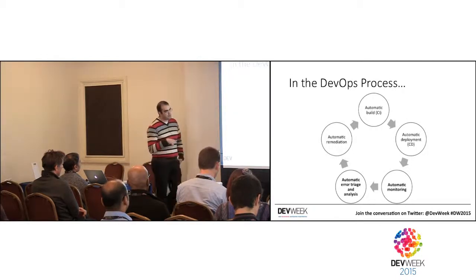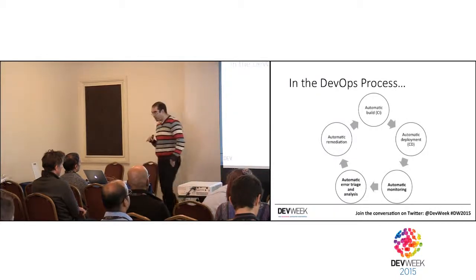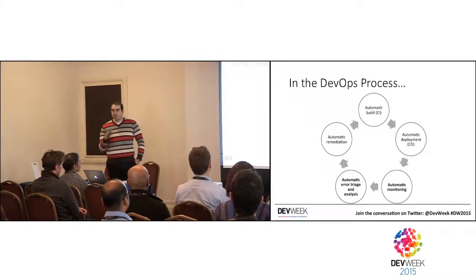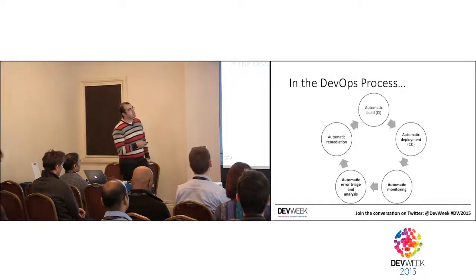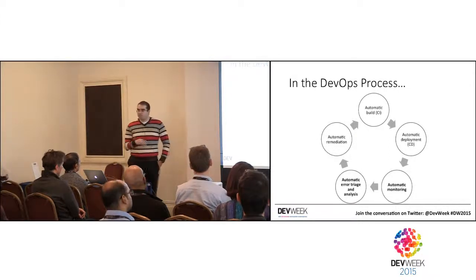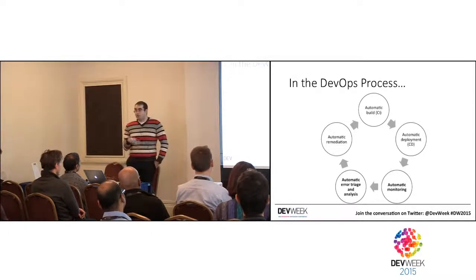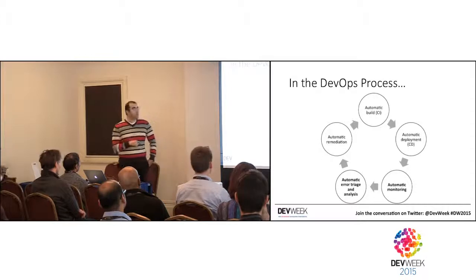And these two steps are really part of a process which many people call DevOps, and I just call it automatic everything. So you want automatic builds, and this is getting commonplace, I suppose, and you want automatic deployment, and there's a bunch of talks on continuous deployment at DevWeek.